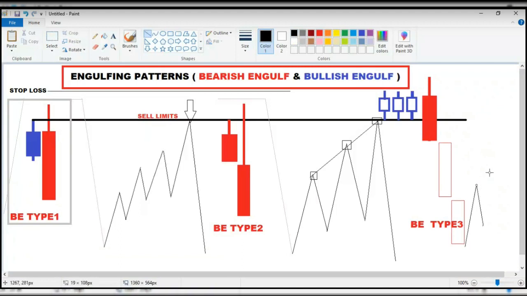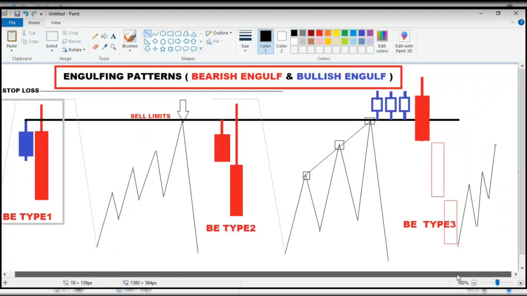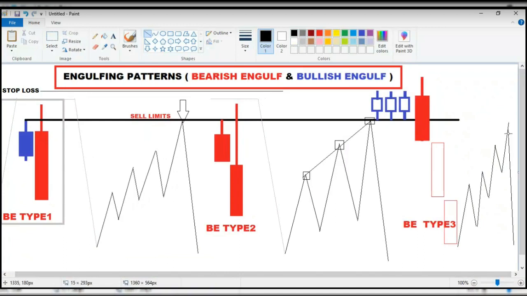Let's just say maybe it's accumulating. It's taking out one supply after the other, the minus supplies, then it triggers your sell limits, then it falls.